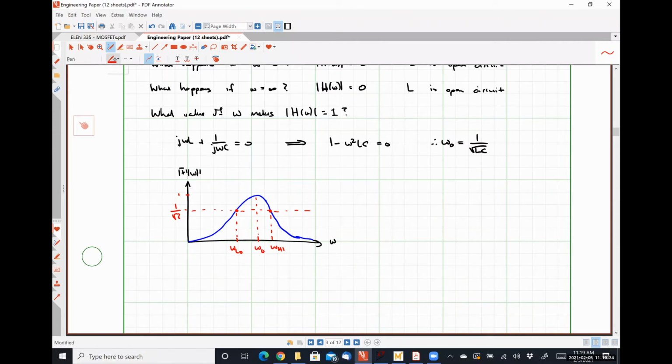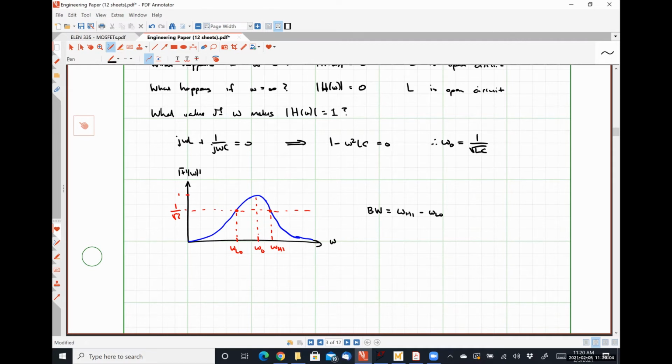And just for thoroughness' sake, I'm going to go ahead and define another quantity called the bandwidth, which is simply omega high minus omega low, because that is the width of our passband, right? Everything outside of that we consider to be attenuated or rejected, and everything inside of that is passed.